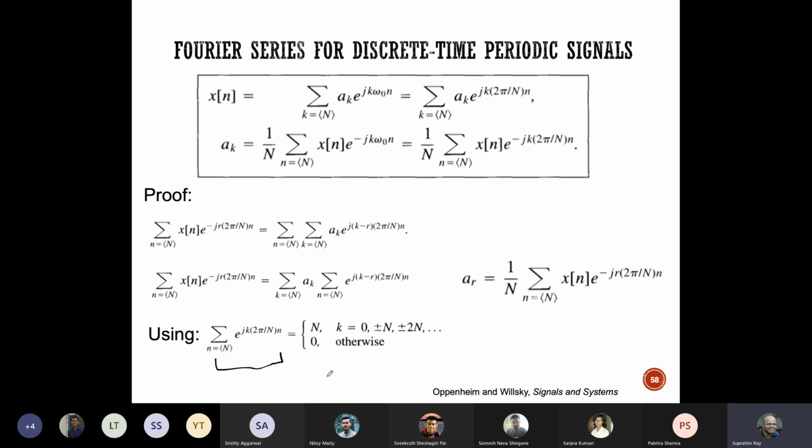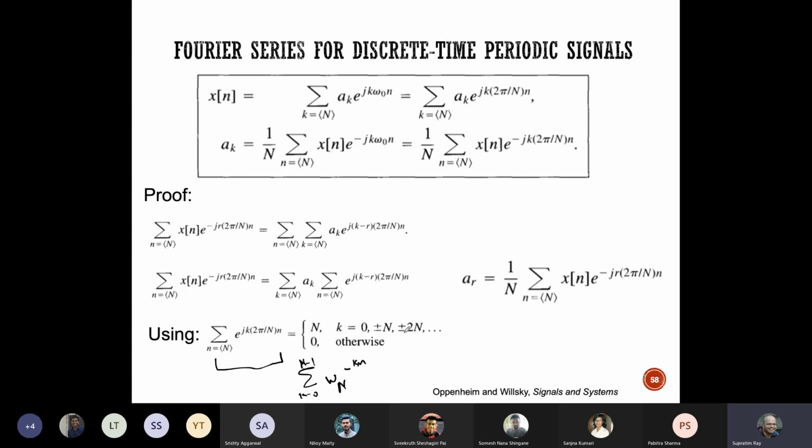So this thing is just W_N to the power minus kn, summation over k from 0 to N minus 1. And this is N, and it's periodic. So even if you take k as some multiple of N, it's going to be the same.